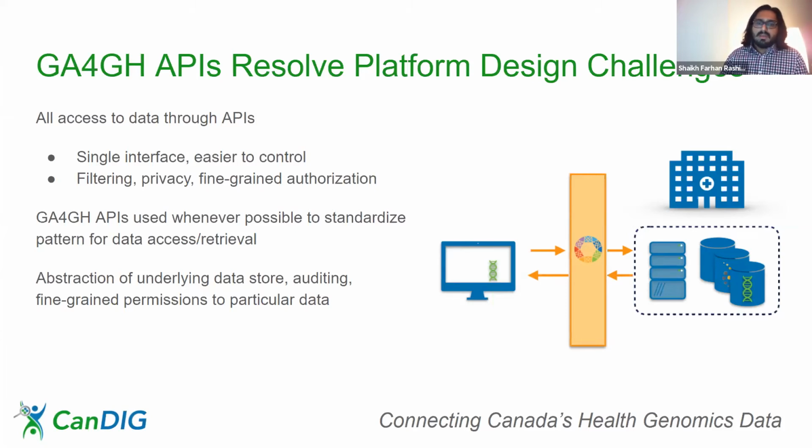First, using APIs provides a single interface to be able to control the flow of data between sites, and having APIs gives us better access to be able to filter and control this data while providing fine-grained authorization decisions from the data stewards.